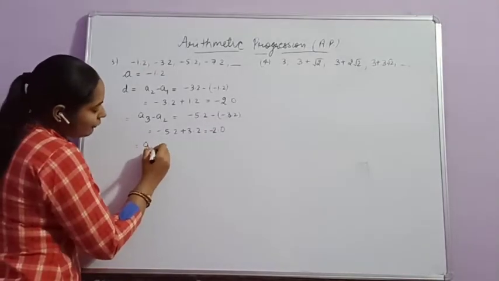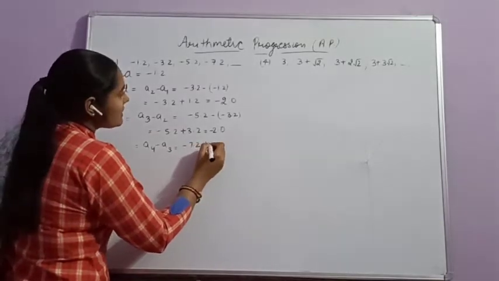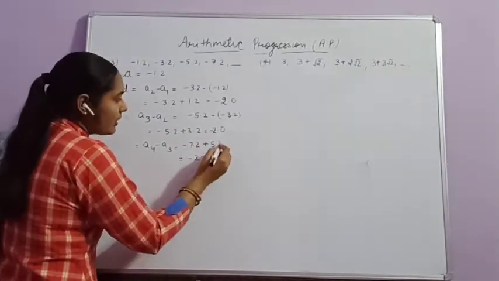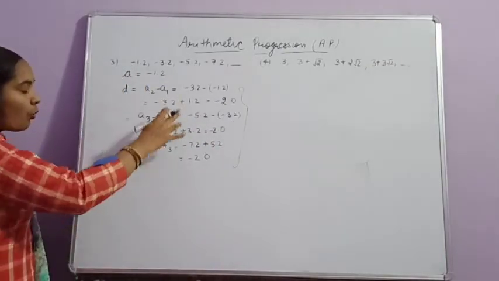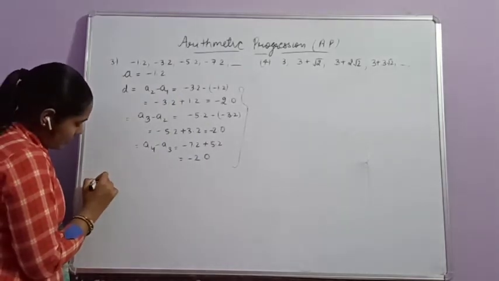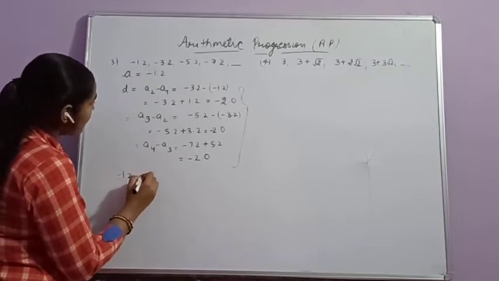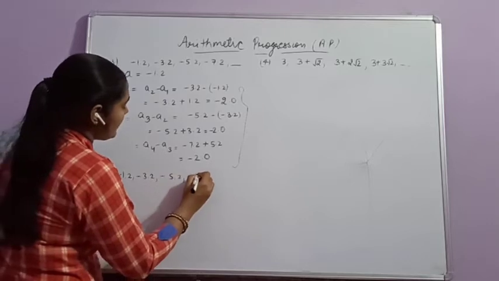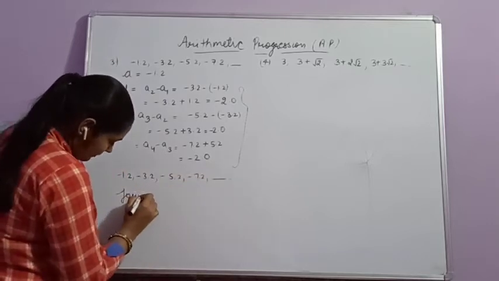Similarly, A4 minus A3 is equal to minus 7.2 minus minus plus 5.2, that is equal to minus 2.0. That implies the common difference is the same for all terms. Therefore, the series minus 1.2, minus 3.2, minus 5.2 and minus 7.2 forms an AP.